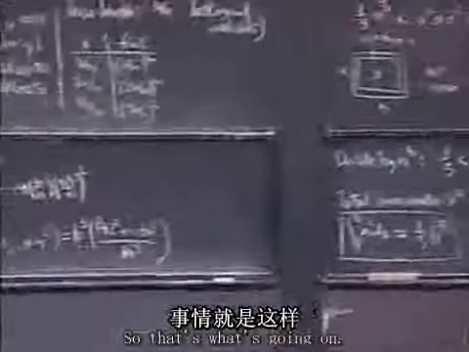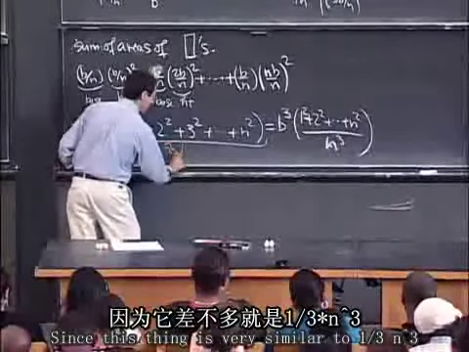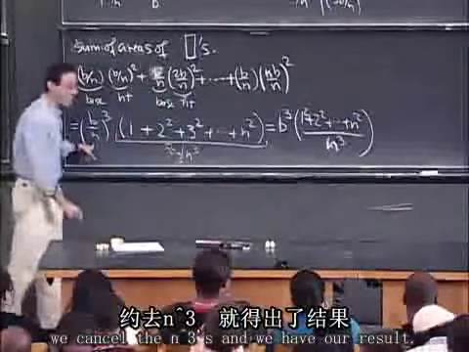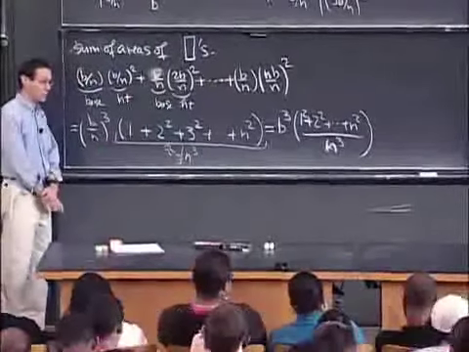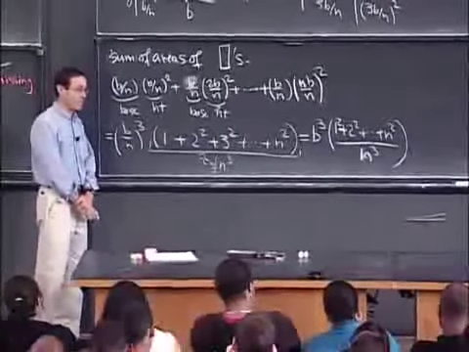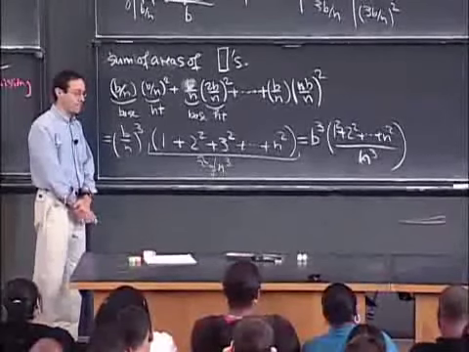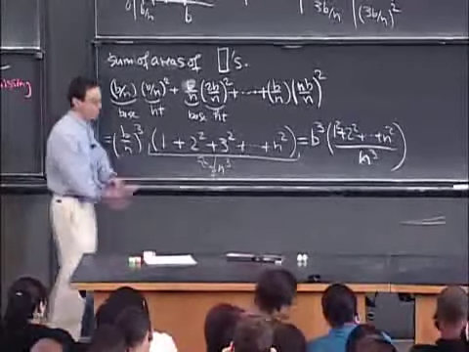So that's what's going on, and then we match that. Since this thing is very similar to 1/3 n cubed, we cancel the n cubes, and we have our result. All right.